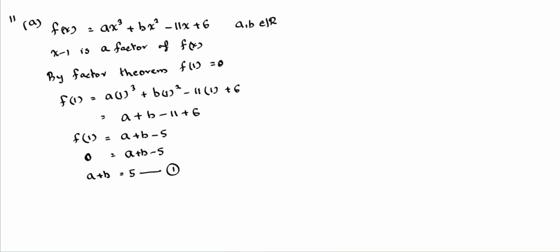Then the next part: they have given you that when f(x) is divided by x minus 4, the remainder is minus 6. Write that down: when x minus 4 divides f(x), the remainder is minus 6. So now you can apply the remainder theorem.